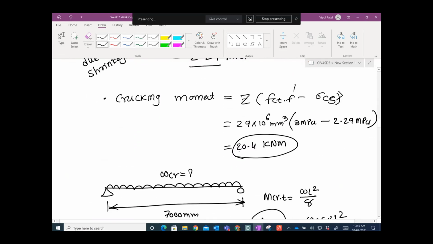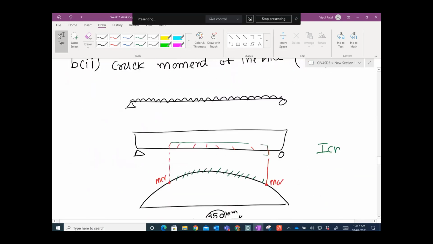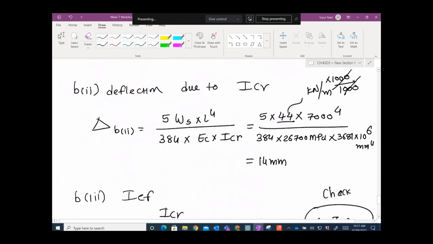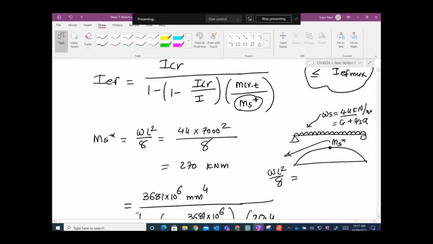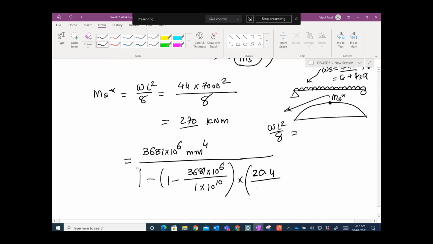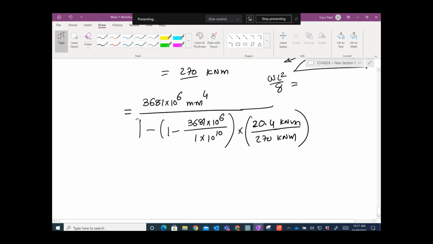Cracking moment is 20.4 kilonewton meters. So it's kilonewton meters, so we don't need to convert into newton millimeters and so on. So that is cracking moment 20.4, and MS star we just calculated 270 kilonewton meters. If you simplify that, you get 3694 times 10 raised to 6.